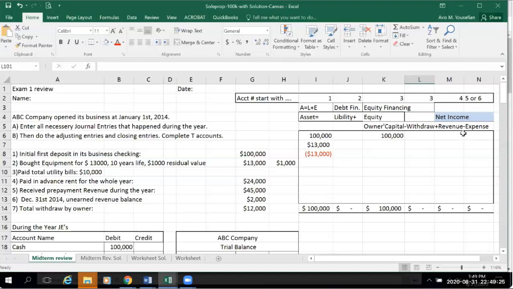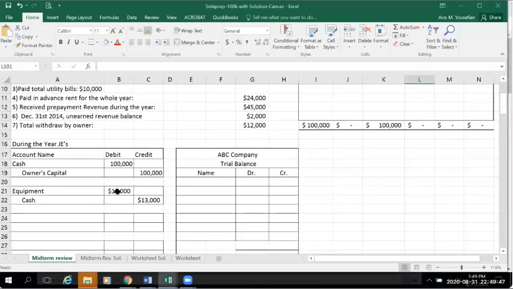And then, of course, if you make money and you create net income, the net income will increase your owner's capital down the road. You will see later on. So the only thing changing here is cash. Cash is changing, not owner's capital.